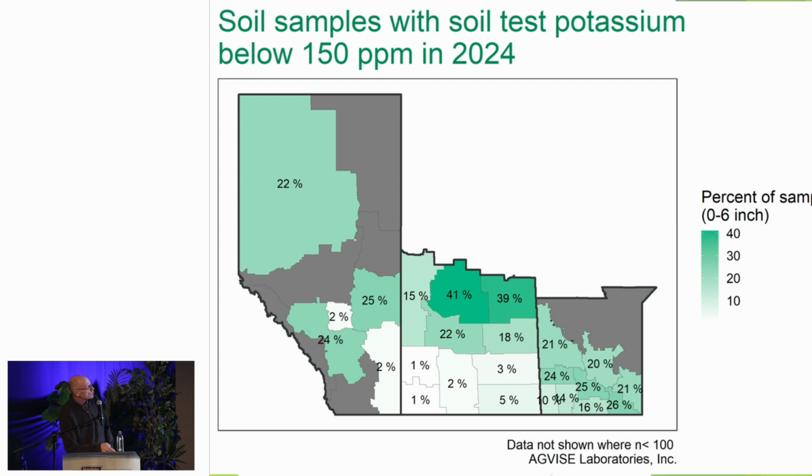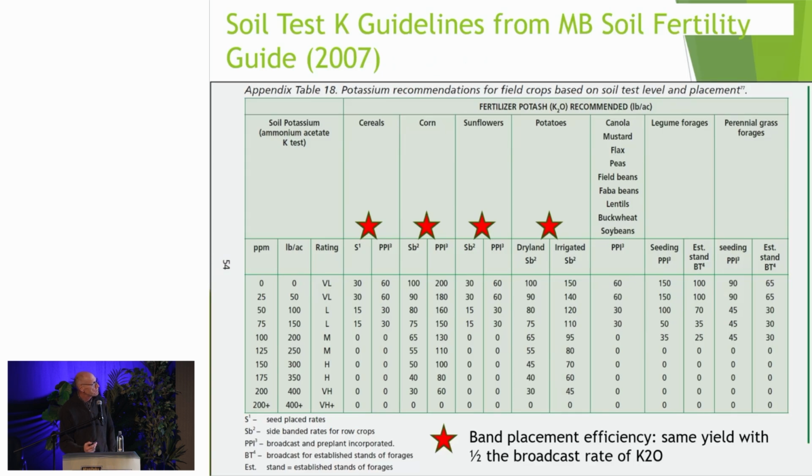We can see about a quarter of the fields, but in Western Manitoba, only 10% of the fields are testing in a range where potassium application is really warranted and should be directed. In other areas, it depends. If you have sandier soils, those are likely to be lower in natural potassium. So use your soil test to direct that effort.